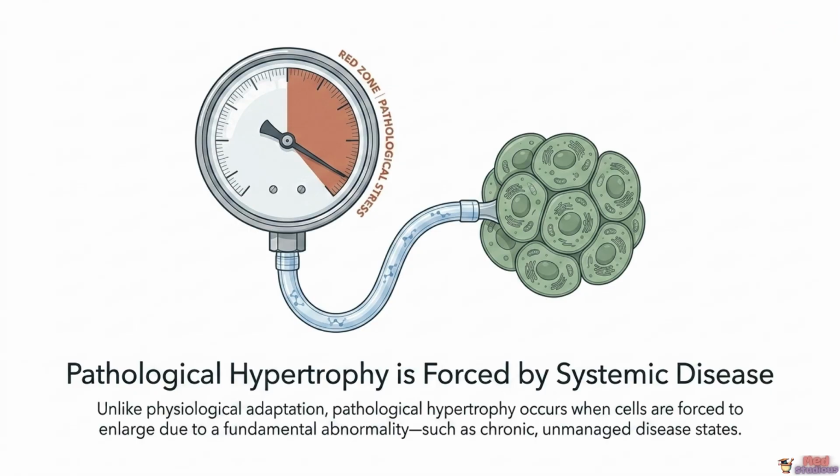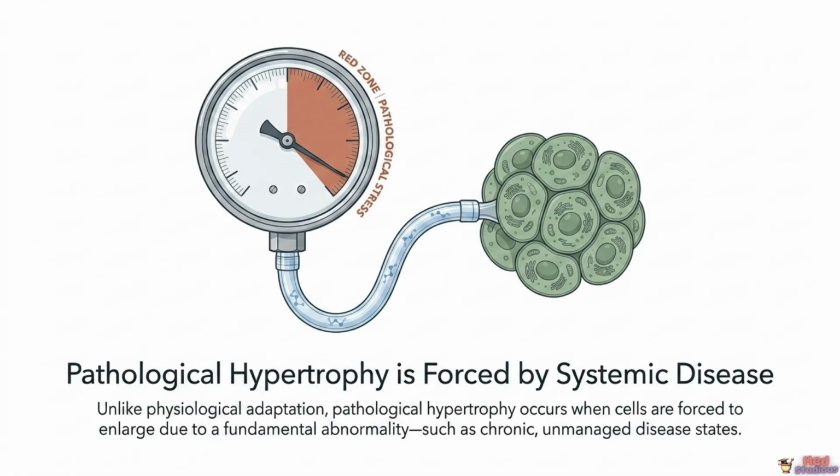This is the cellular environment in pathological hypertrophy, a cell continuously subjected to excessive, disease-generated pressure that it was never designed to withstand. Unlike physiological hypertrophy, where the trigger is appropriate and the growth is proportionate, pathological hypertrophy is the cell's desperate attempt to compensate for an abnormality it cannot resolve.